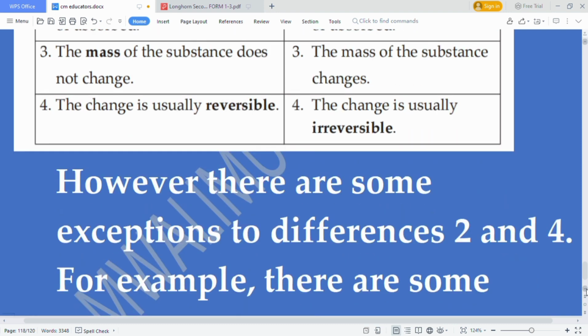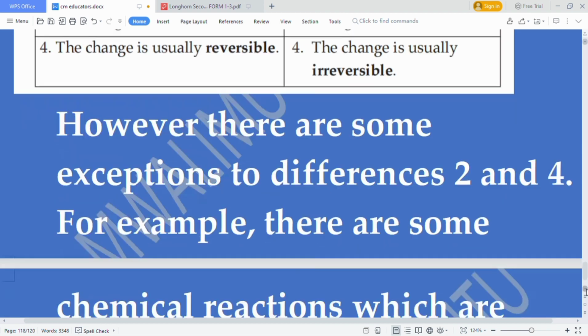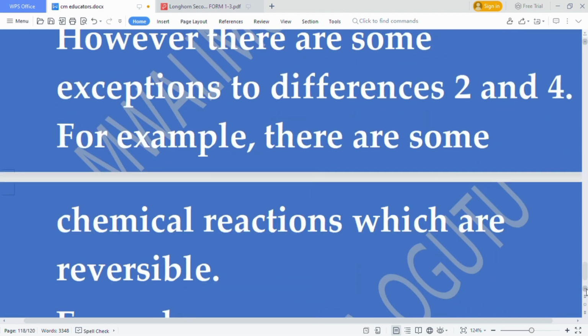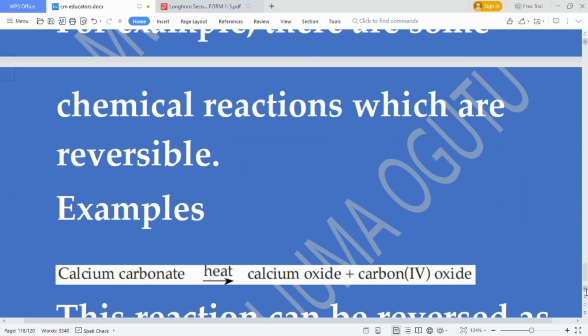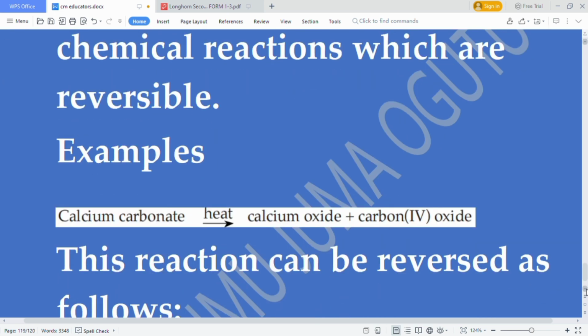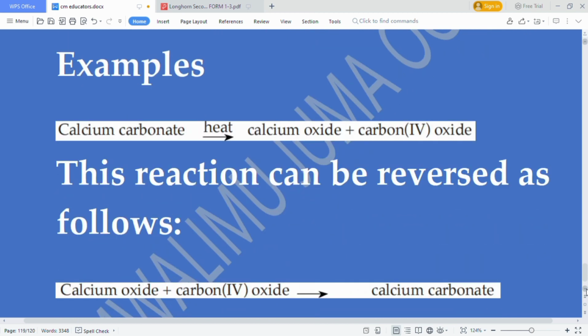For example, there are some chemical reactions that are reversible. So for example, we have calcium carbonate. When we heat it, in the decomposition of calcium carbonate, we'll have calcium oxide and carbon 4 oxide as the product. So this reaction can be reversed as follows, where calcium oxide reacted with carbon 4 oxide will give calcium carbonate.